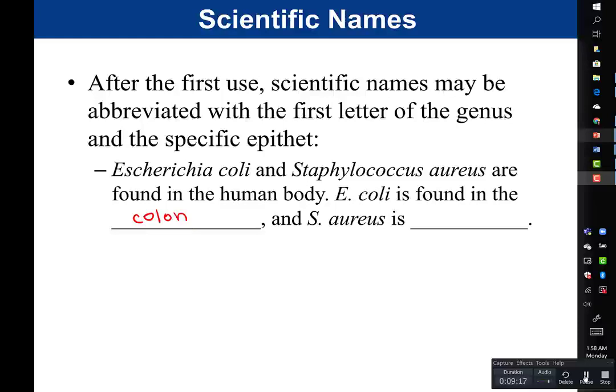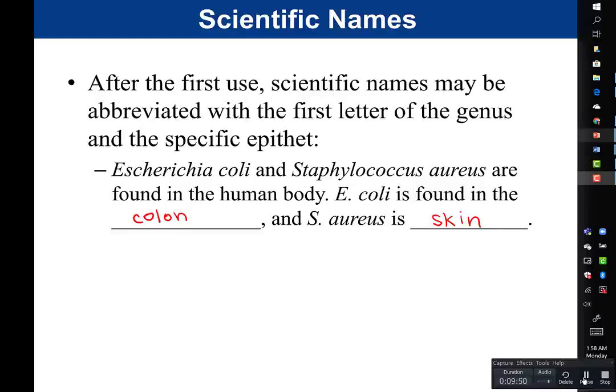Staphylococcus aureus is found, anybody know where Staphylococcus aureus can be found? Answer is skin. It's a type of bacteria that's found on the skin. So we can write S. aureus is found on the skin. Again, first time we talk about it, we need to write out genus and species. When we continue to talk about that organism, we can then abbreviate the genus and simply write out the species.